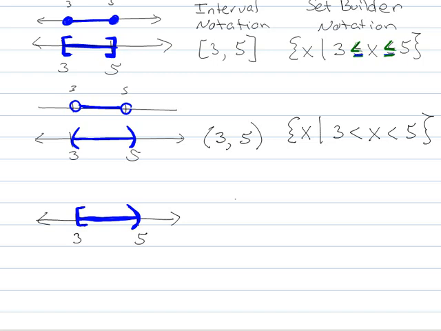And you would again write this just by reading the intervals right off of the graph. So it goes from 3 to 5, parentheses. And again, the set builder notation is x such that 3 is less than or equal to x is just less than 5, but not equal to 5.